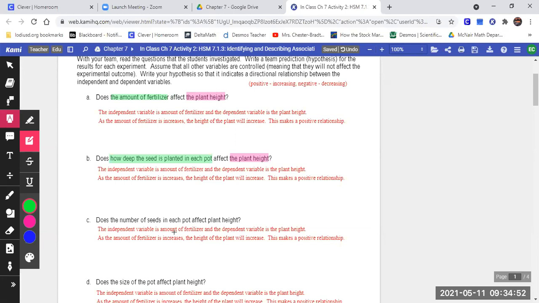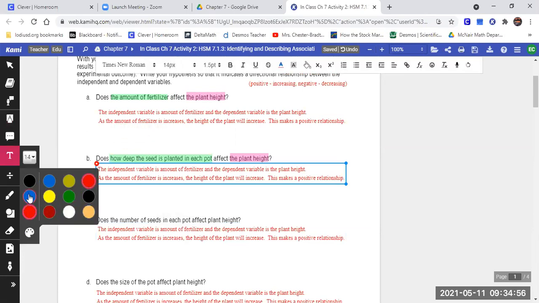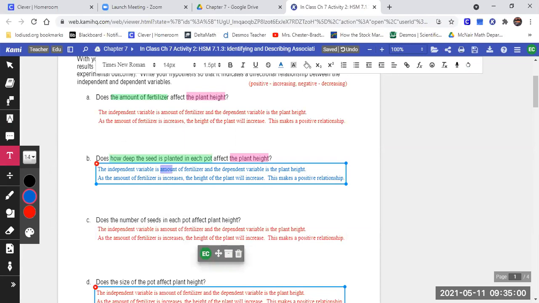So what are we going to say for B is the independent variable? Which one of the two highlighted things do we as humans have control over? The green statement or the pink statement? And whichever one it is, tell me what we're picking.